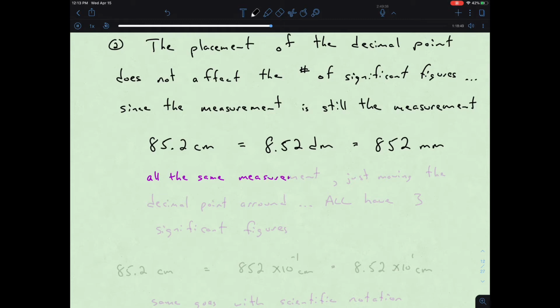We're just moving the decimal place around. All have 3 significant figures.